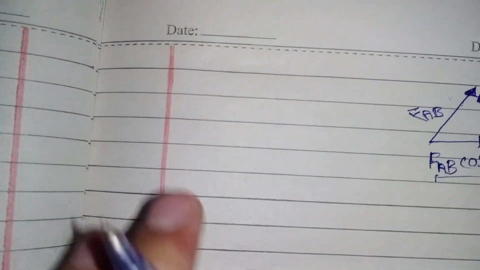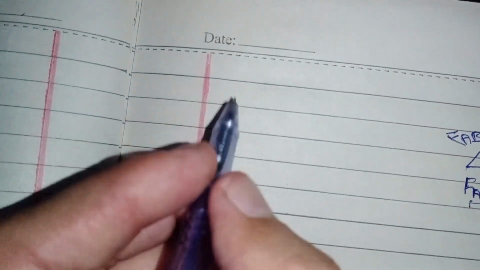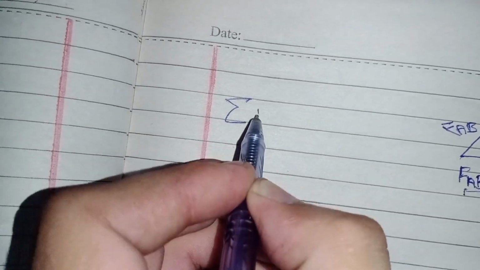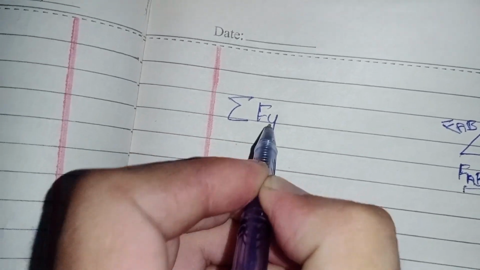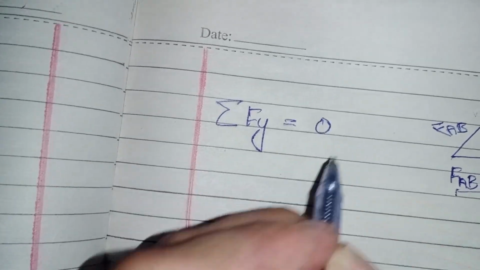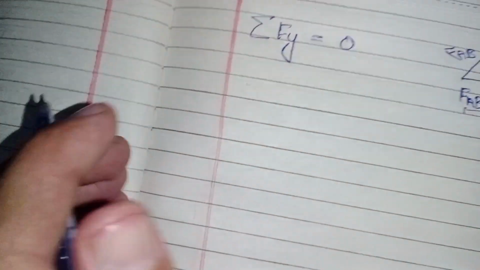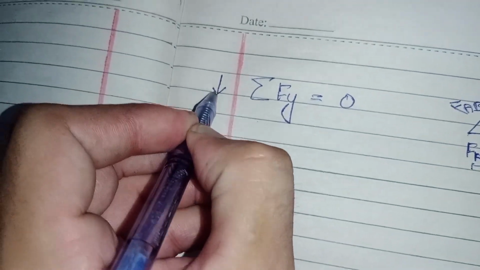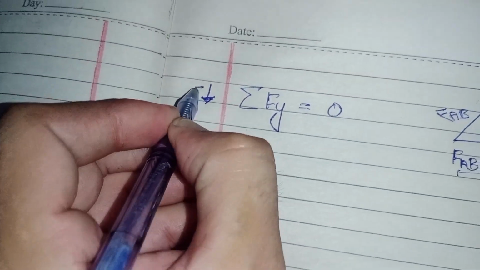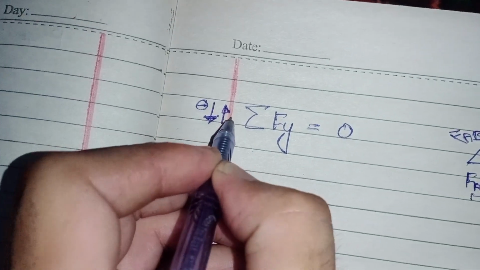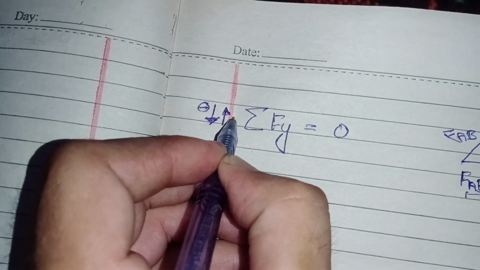Now summation of all vertical forces, summation of forces in y equals 0. This is my one force, 4 kilonewton, and the force directed toward down will be taken as negative, the force directed toward up will be taken as positive.